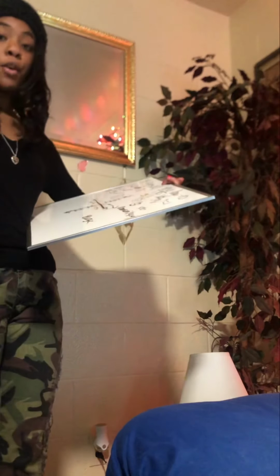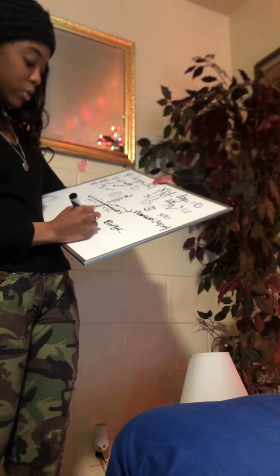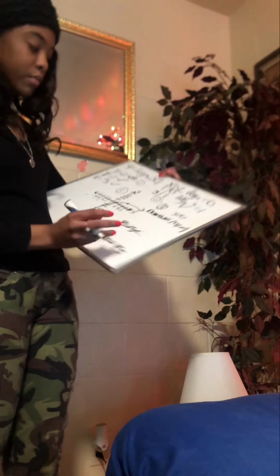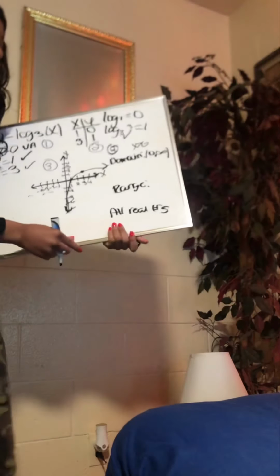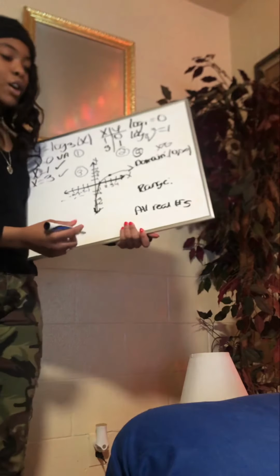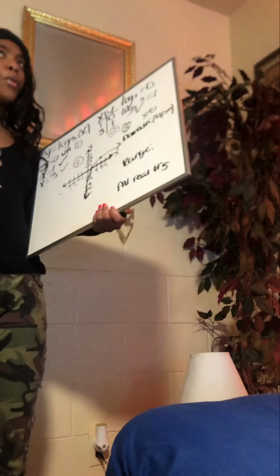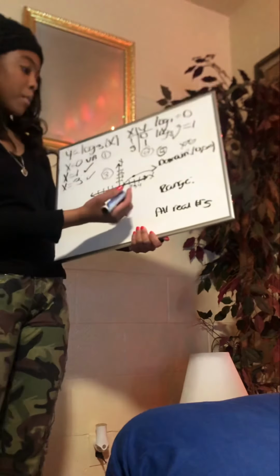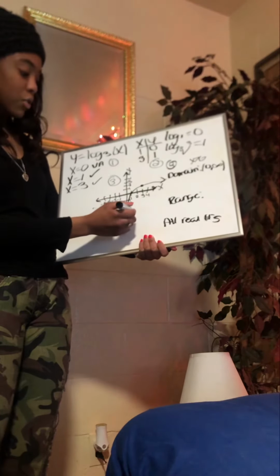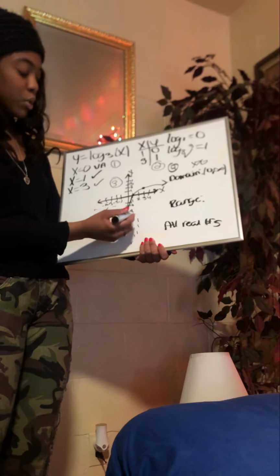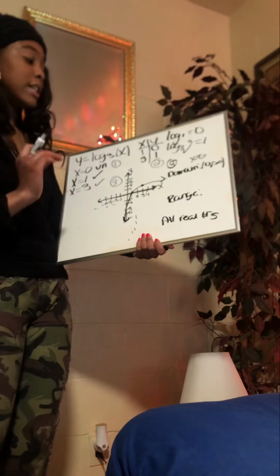For your range, you could write all real numbers. I don't like writing like that, so I'd rather write mine like negative infinity to positive infinity. Miss Perry, why is it that? Let me tell you why. Because as you look, this graph goes further down and down and down. These are all negative numbers, but it's gonna keep going down forever. That's negative infinity.